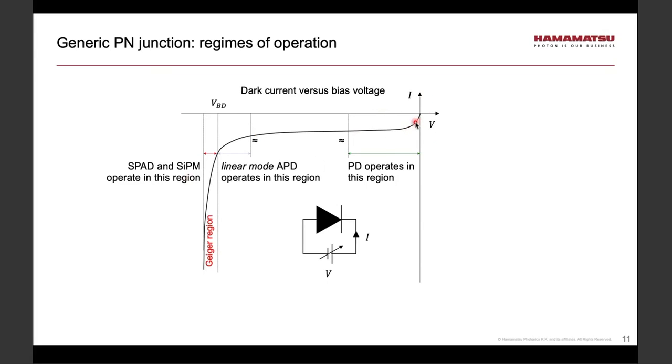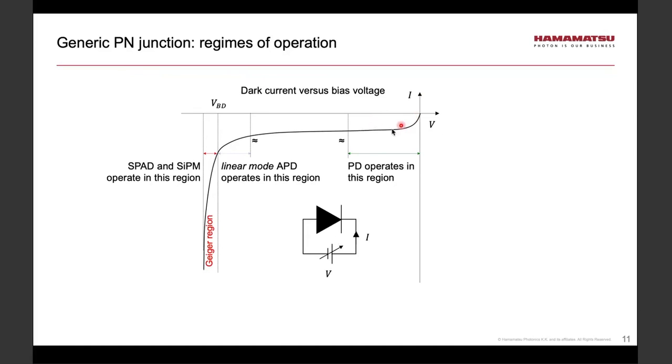The three devices that I've mentioned will be operated in three distinct regions. The photodiode will be operated close to the origin, which means that the reverse voltage that we apply to the photodiode is going to be the smallest of the three devices, typically anywhere from 0 to 10 volts reverse or so.